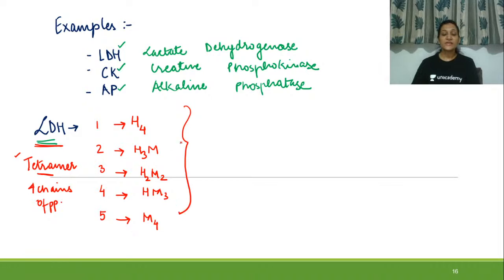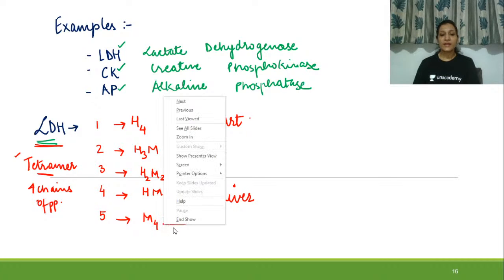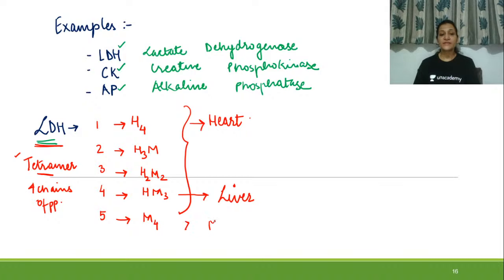Right? These variants are present in different tissues as well. LDH1 is present in heart. LDH4 is present in liver. And LDH5 is present in muscle.